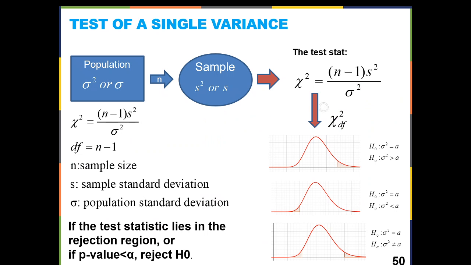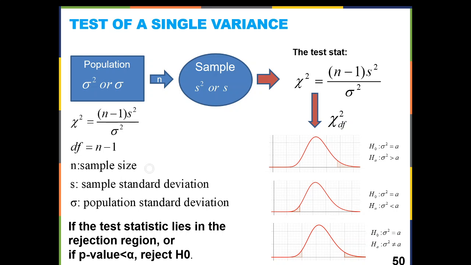So it could be the situation where we have a population and then we take samples of size n, we find s squared or s, we do this to it, and then these are our chi-square. So if you keep taking samples and find chi-square, the chi-squares make a distribution, of course, the chi-square distribution.